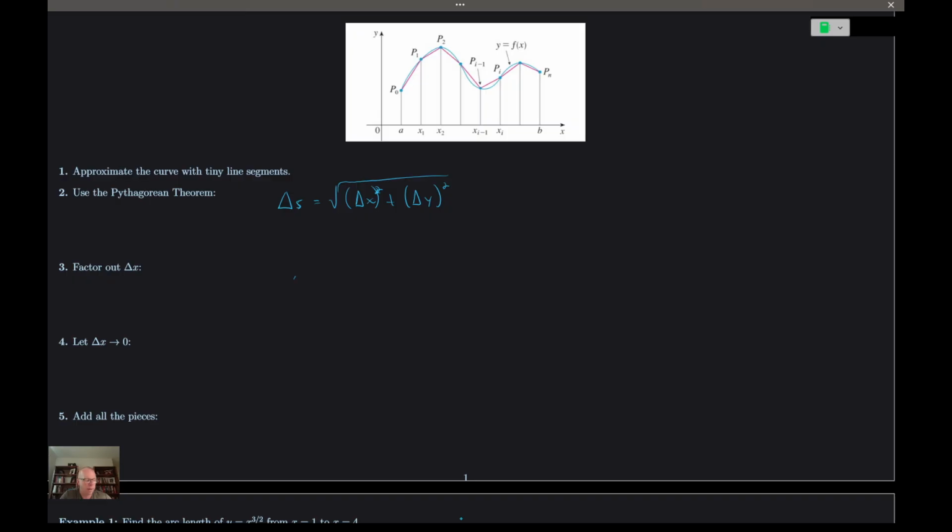So this tells us that delta s is approximately equal to, now divide this by delta x squared, we get 1. Divide this one by delta x squared, and we get delta y over delta x squared. And then we're going to pull out a delta x squared from under the radical, and we'll have a delta x out here. Now, we have a finite number of these.